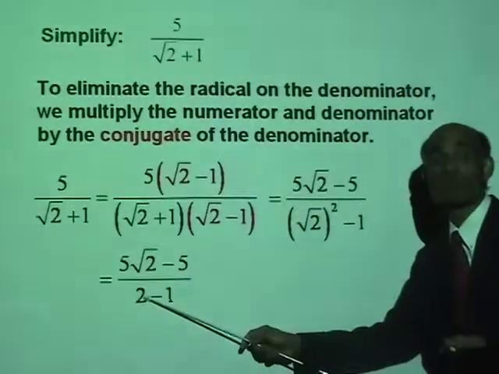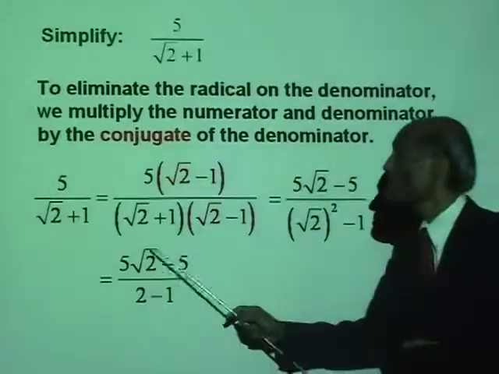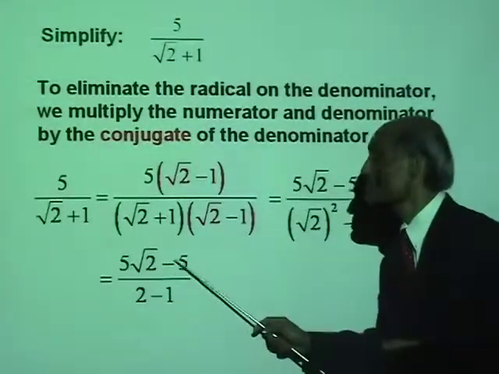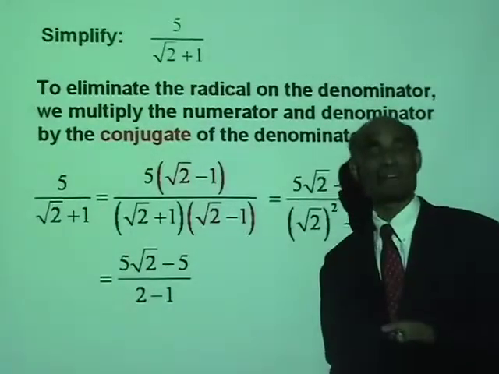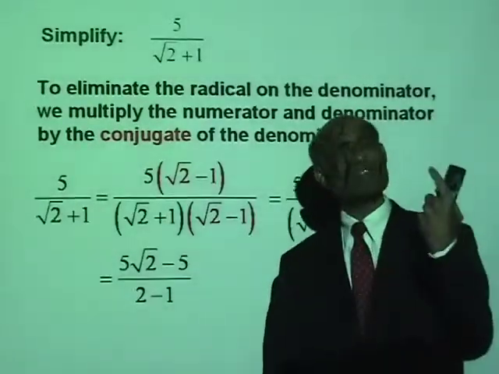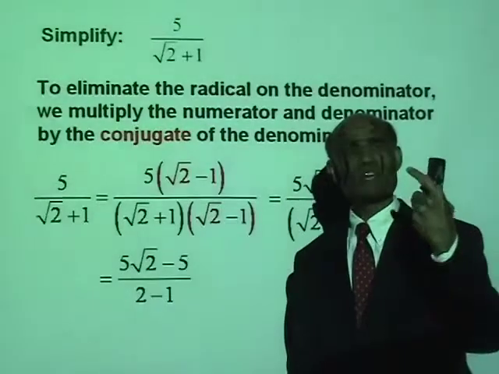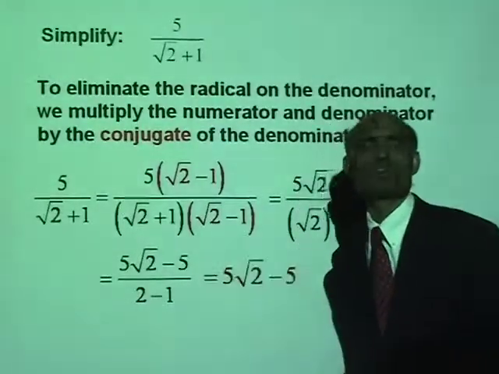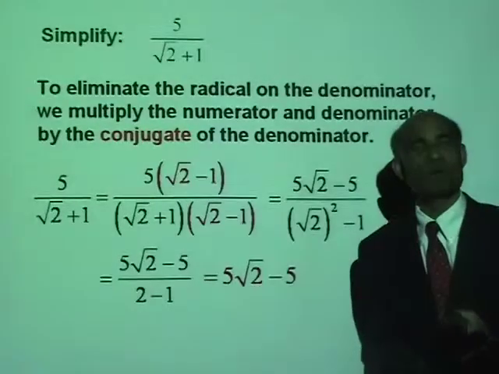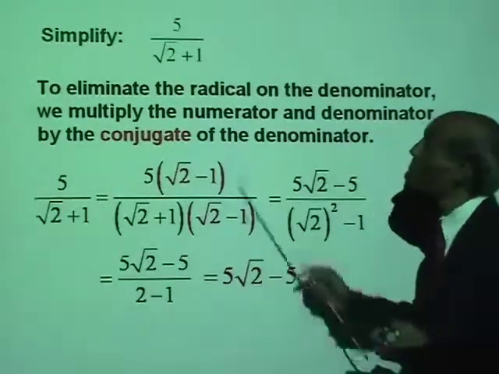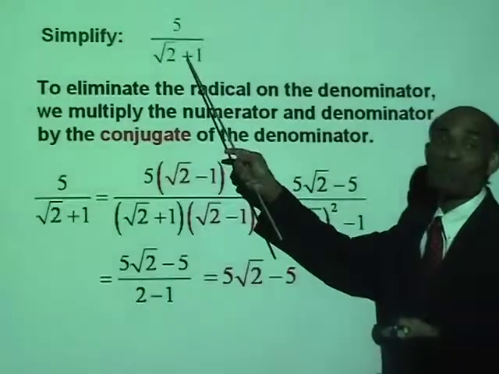It is 2. So this now becomes (5√2 - 5) divided by (2 - 1). And 2 - 1 is 1. And the denominator 1 we don't worry about. So the answer is 5√2 - 5 is the simplified form of this.